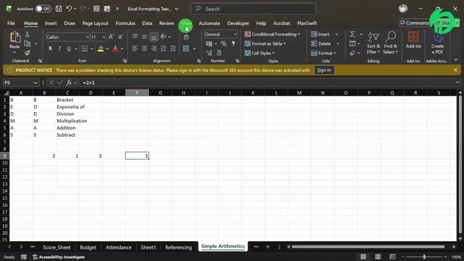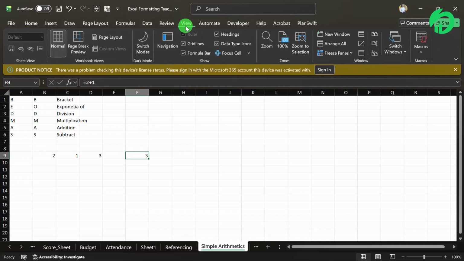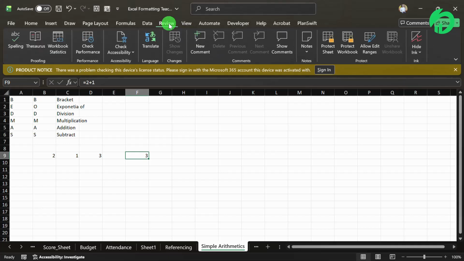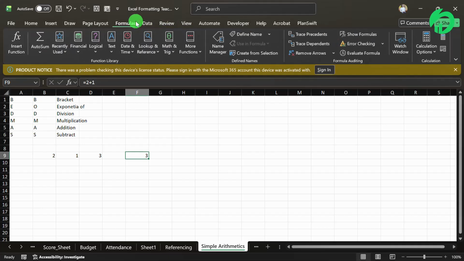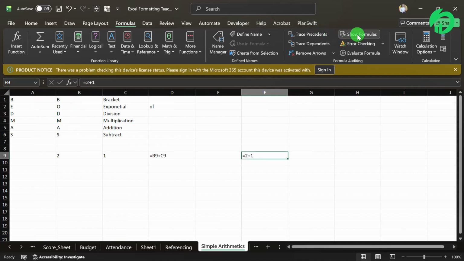Another way to view this is coming to your menu bars. Under our menu bars, there is a part that allows you to look at the formula. Clicking under Formulas, Show Formulas, immediately I click, it shows all the formulas that we are using on our Excel sheet. We can see that this is this plus this, which is showing B9 plus C9.